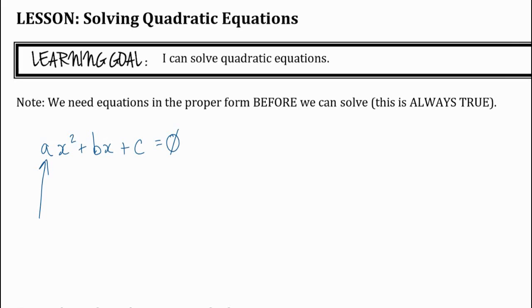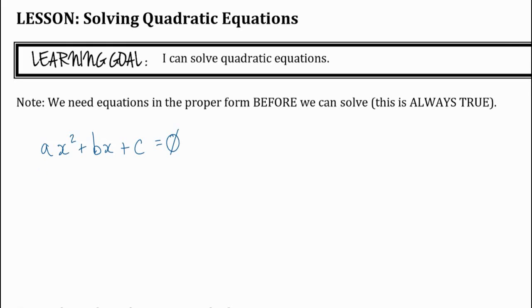If a was -3, that whole process of writing, like the little thing we do off to the side where we write out the factors and we cross multiply and add them together, that's different if a is negative, if it was -3 or whatever. So I can make it positive when it's an equation, so that's not a problem. But that's something to be aware of. Usually a is positive, but it doesn't have to be. If you're doing quadratic formula, it doesn't make a difference if a is positive or not.